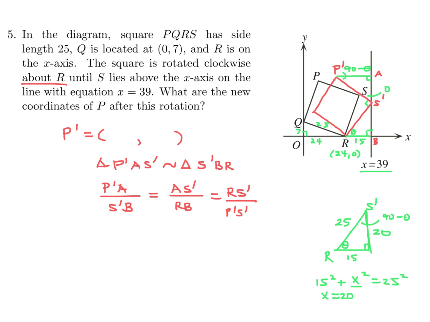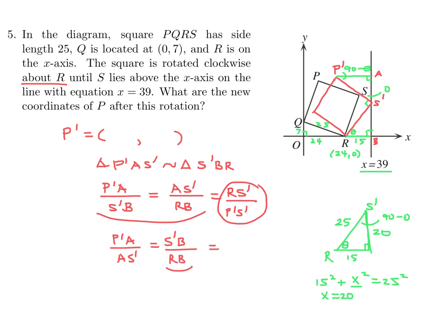This one is just the hypotenuse of those triangles, so I think we'll just concentrate on this part. P prime A over A S prime is the same as S prime B over RB.